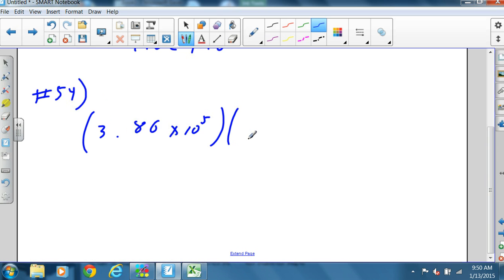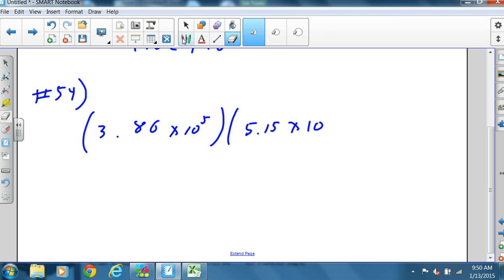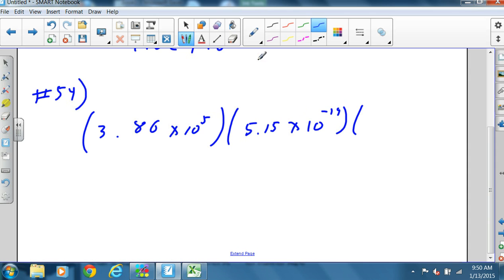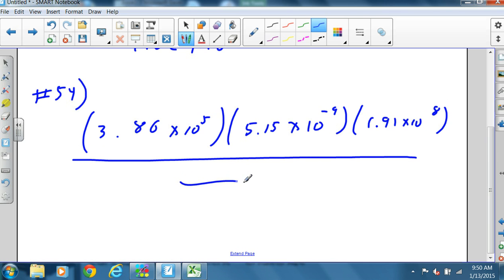Now, back when I was your age, well, some of your ages, we didn't have calculators. We had slide rules, and we'd have to do this problem with a slide rule, which made it very interesting. 1.1991 times 10 to the 8th, divided by whatever it is.